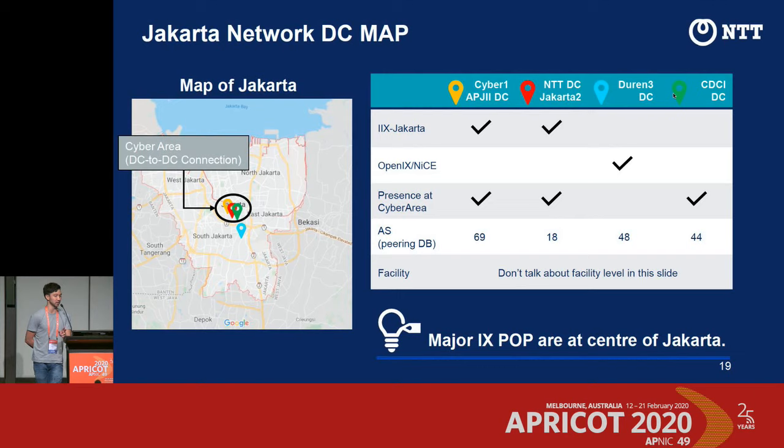Actually, this is not exact or accurate, because Indonesian networks are not registering on PeeringDB, but we can see the trend of which data center has a lot of ASes. About the facility, I do not talk about the facility level here.